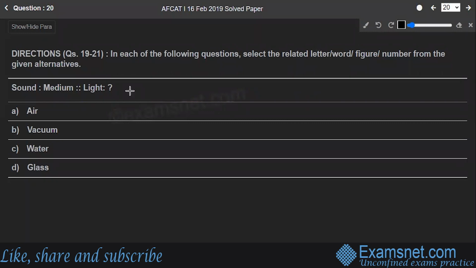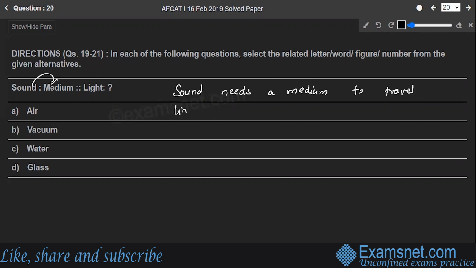Question number 20. In each of the following questions, you have to select a letter, word, figure, number from the given alternatives. So this is sound medium. Light is related to what? See, sound is related to medium as sound needs a medium to travel. Whereas this is not the case with light.